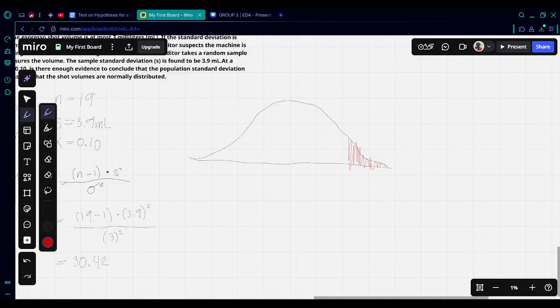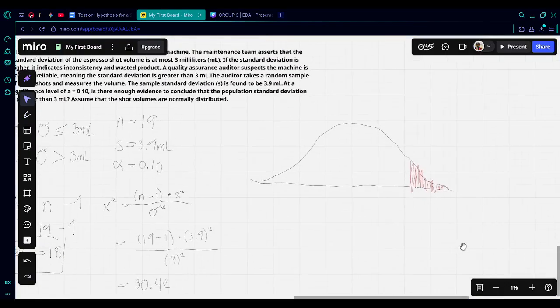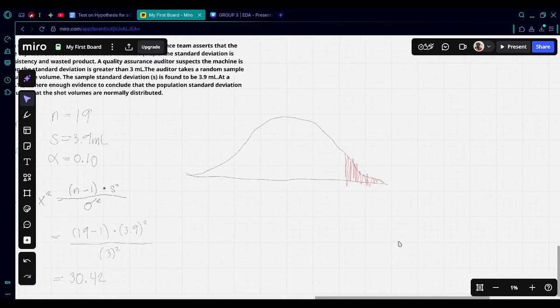It was given in the problem that our significance level is 10%, or 0.10. So this is the rejection region, and this one is the accepted region, which means that our accepted region is at 0.9.